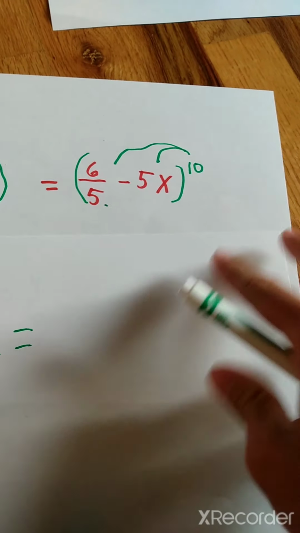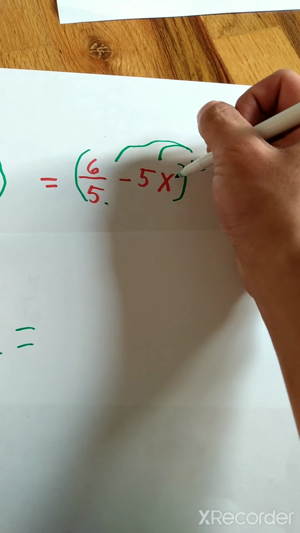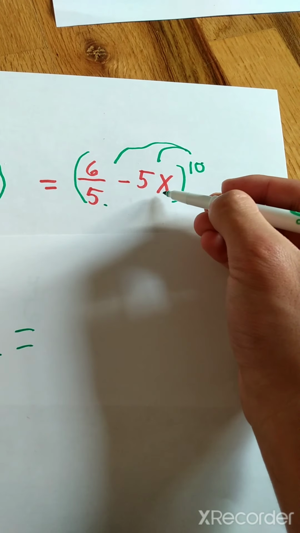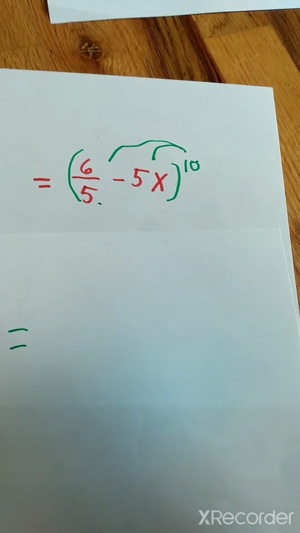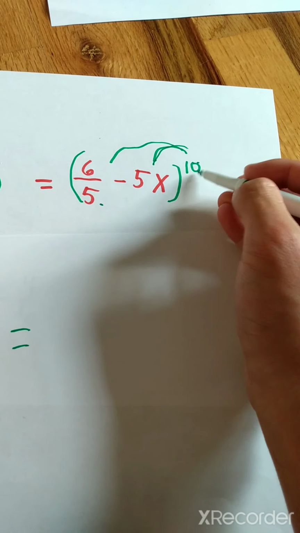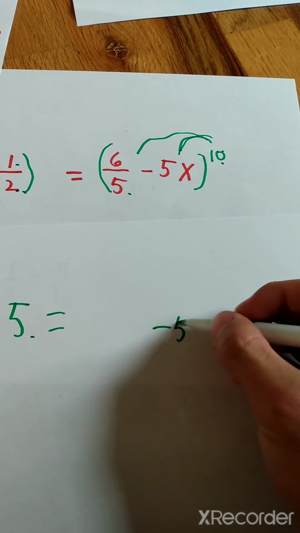But on the other side of the battlefield, we have 10 multiplied by negative 5x. When you fraction bust with just a number and not a fraction, like a real number, then you just distribute normally. So 10 attack negative 5x. Now we turn to negative 50x.